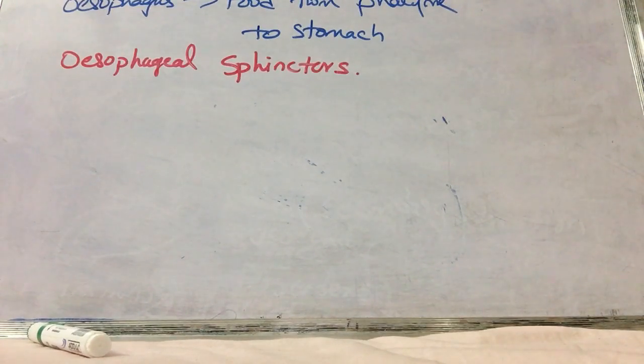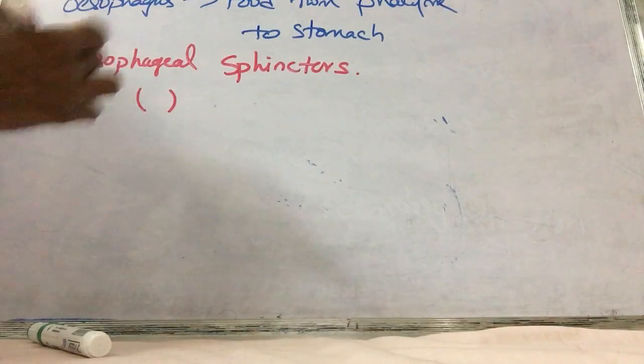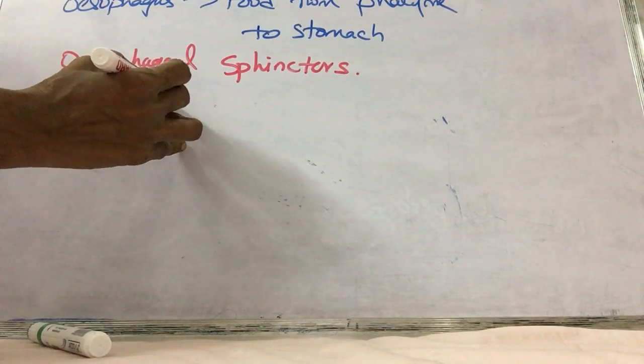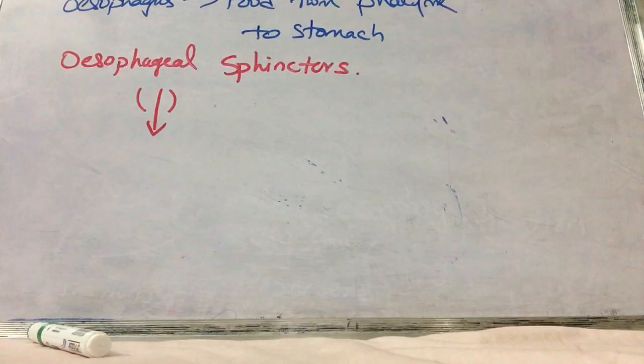It reflexly relaxes to allow the food from the pharynx to enter into the esophagus. The upper esophageal sphincter, which is almost continuation of the pharynx, will relax so that the bolus of food will enter into the esophagus. Once the food entered, it constricts to prevent regurgitation of food back into the pharynx.